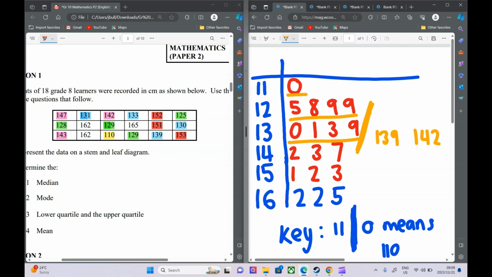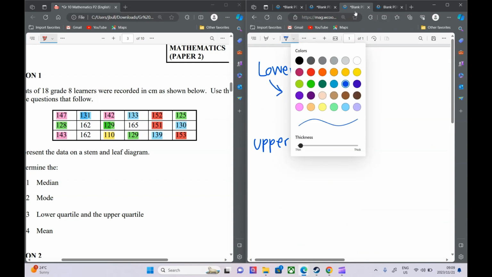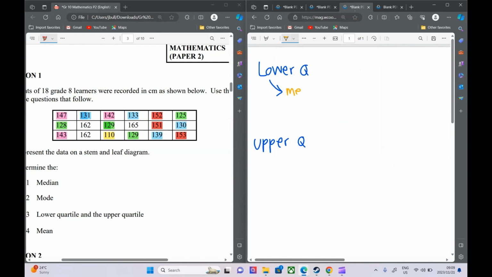So those 3 lines, that's the lower part. We want the median of the lower part. So our lower quartile is the median of the lower half. And then the upper quartile is obviously the median, the middle of the upper part of the data.